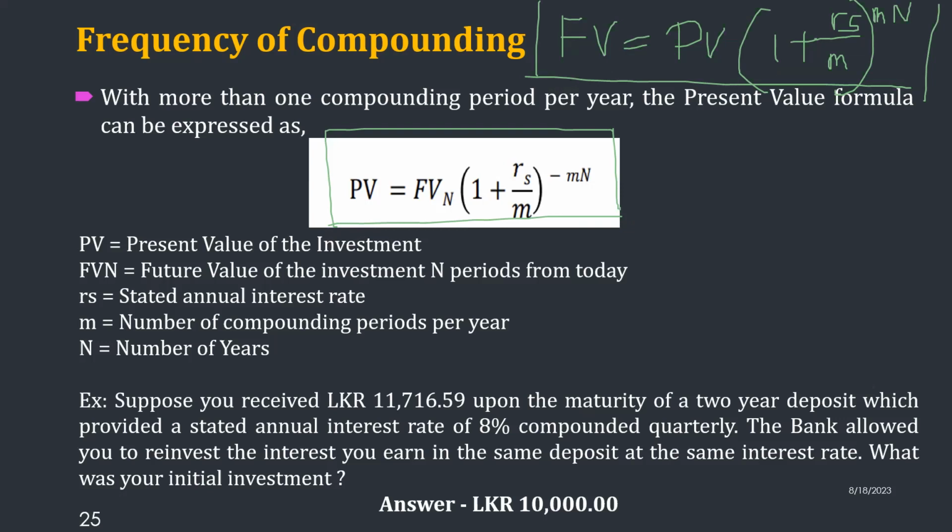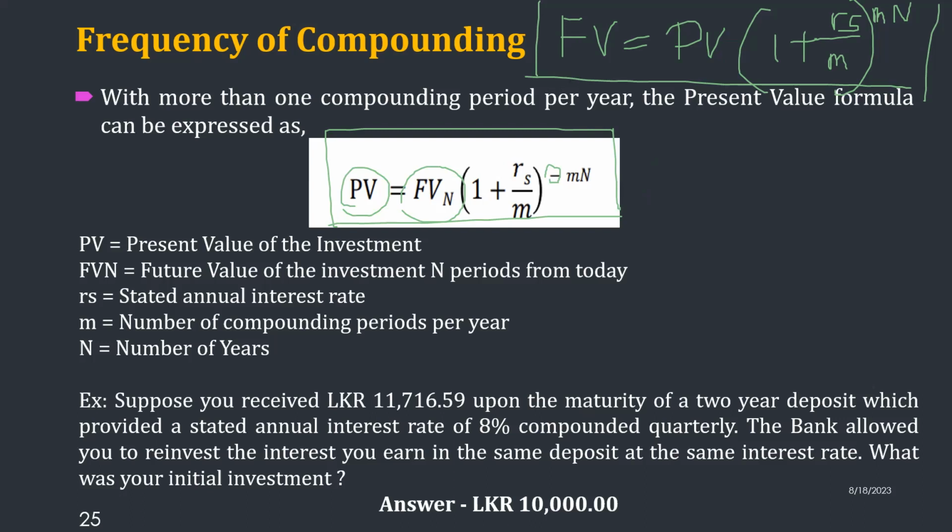For the present value, what you need to find is here, and the future value is here, then (1 plus r divided by m) to the power minus mn. So that is the only difference here: a future value and minus mn.